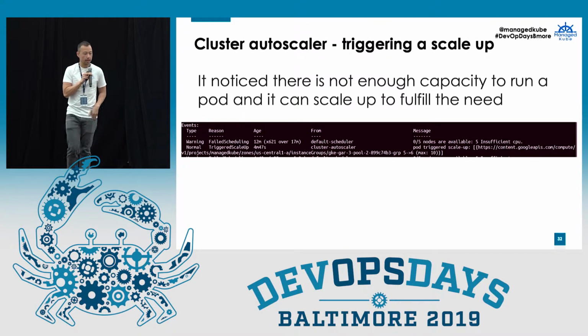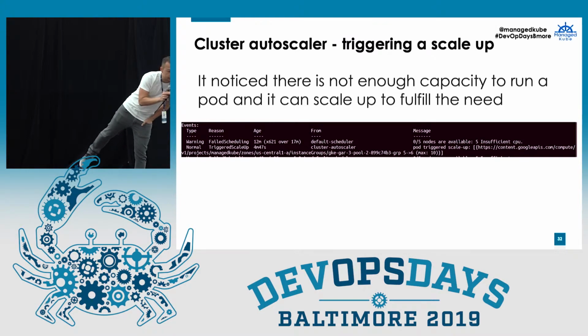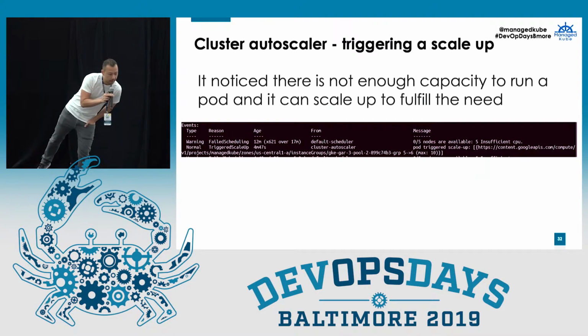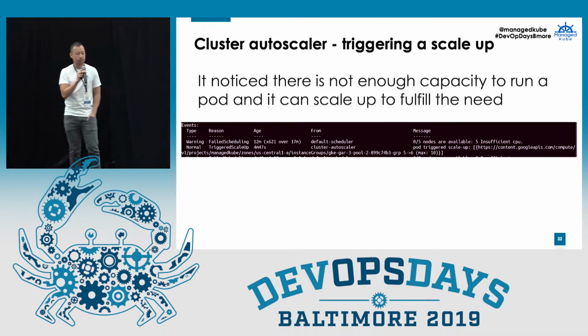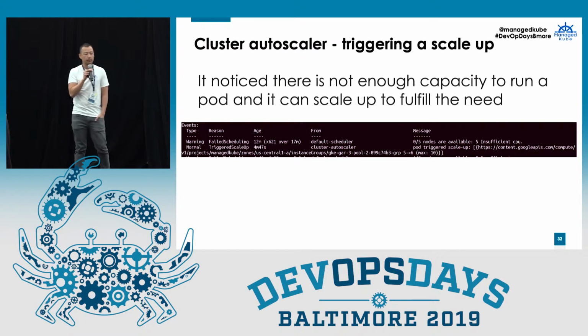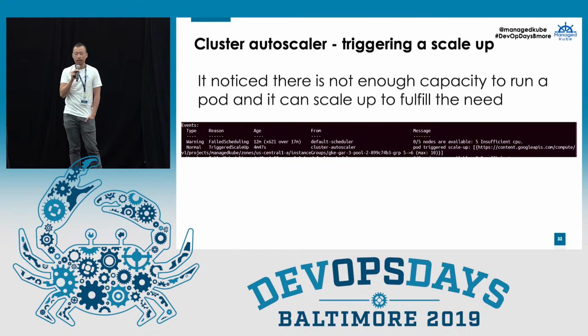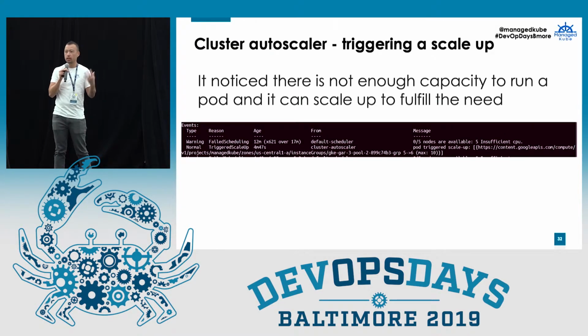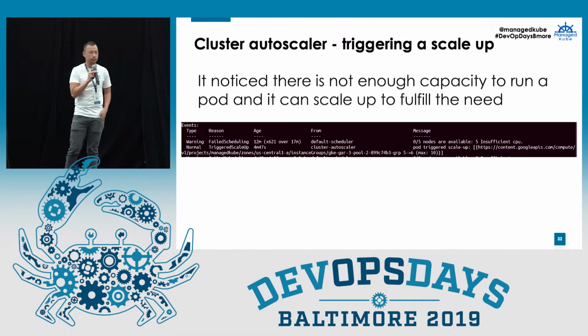I can't actually read it, but I believe this one in particular is waiting for a CPU resource that's not there. There's not enough CPU resource on the cluster. So what the cluster autoscaler does is it detects these events, and it will go to your cloud and turn on more nodes that are able to fit this pod onto.